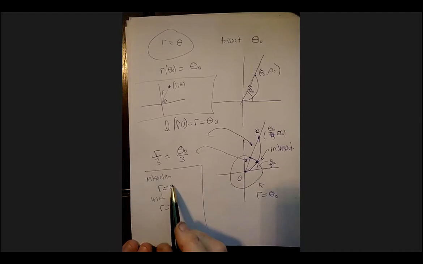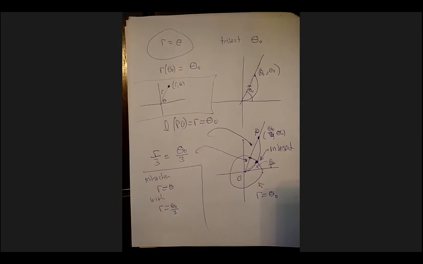So what's the intersection of these two curves? If you set them equal to one another, what does theta equal? And again, you just set the r's equal. It'll just be theta naught over 3.